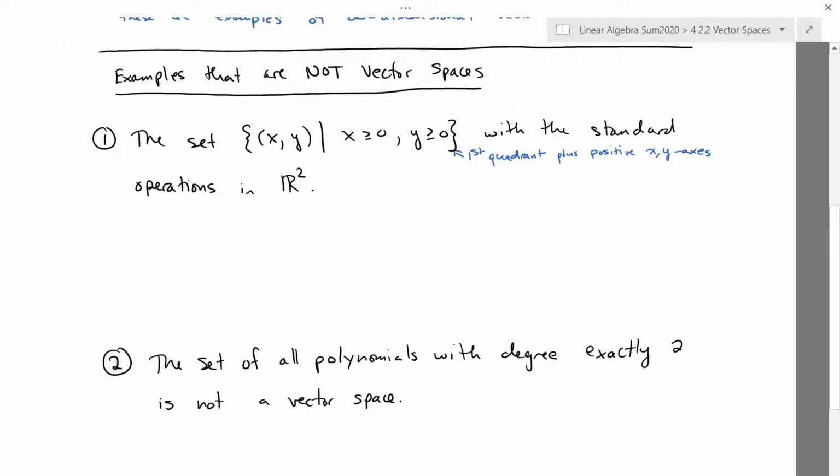First let's think about the two closure properties. Is it closed under vector addition?